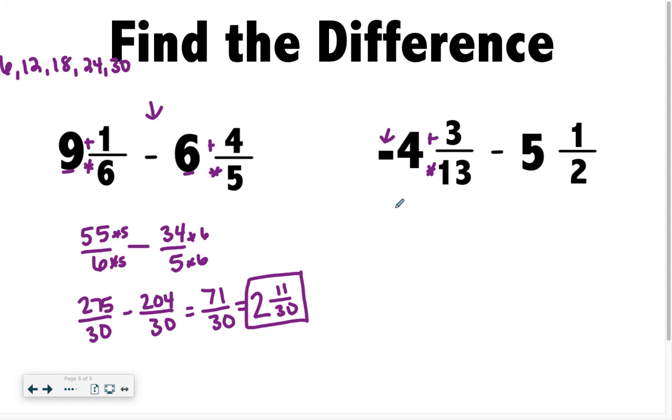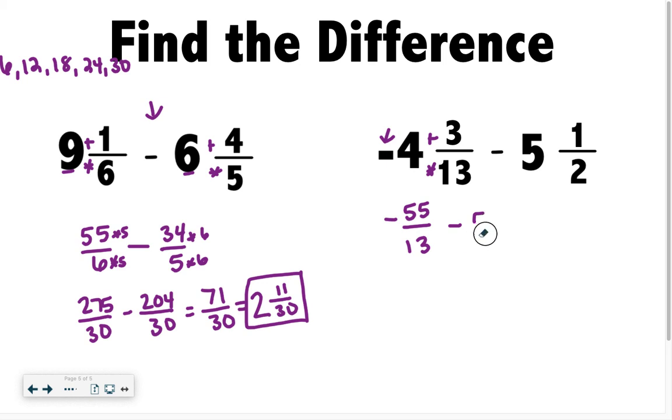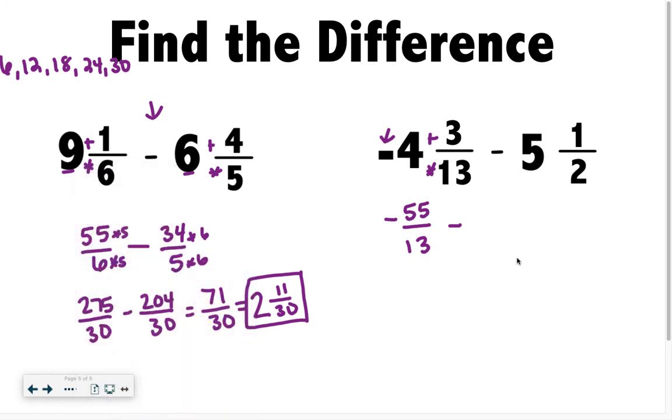So I have negative 55 over 13 minus 5. Oh, not 5, sorry. We are changing that, right, to an improper fraction. Got a little carried away there. So 2 times 5 is 10, plus 1 is 11 over 2.